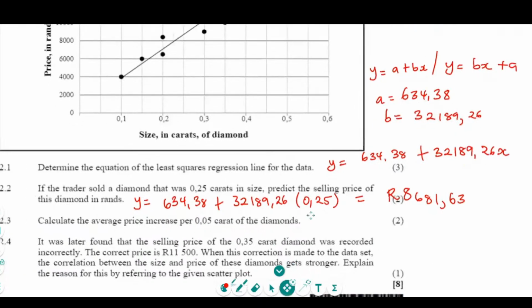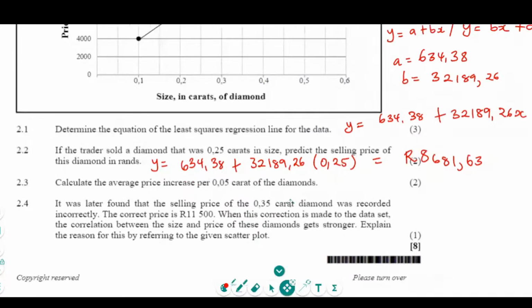Then 2.3, they are asking us for the average price increase per 0.05 carat of the diamonds.